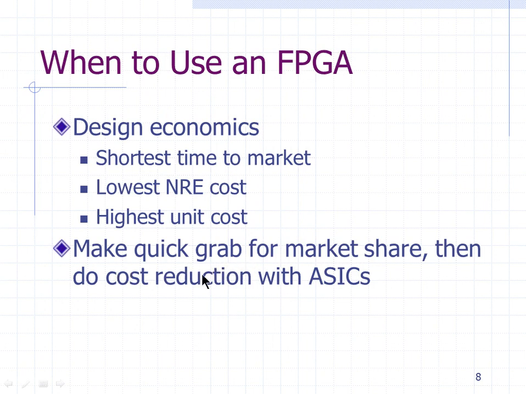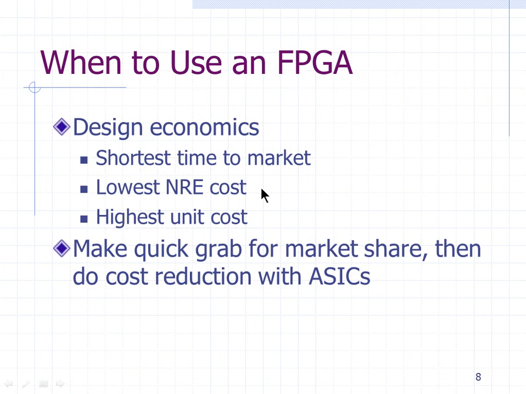This was true till very recently, maybe till 10 years ago: quick grab of market share and then do the cost reduction with ASIC. What companies used to do was design new products with FPGAs in them. Since FPGAs took less time to design compared to ASICs, they would launch these products in the market.